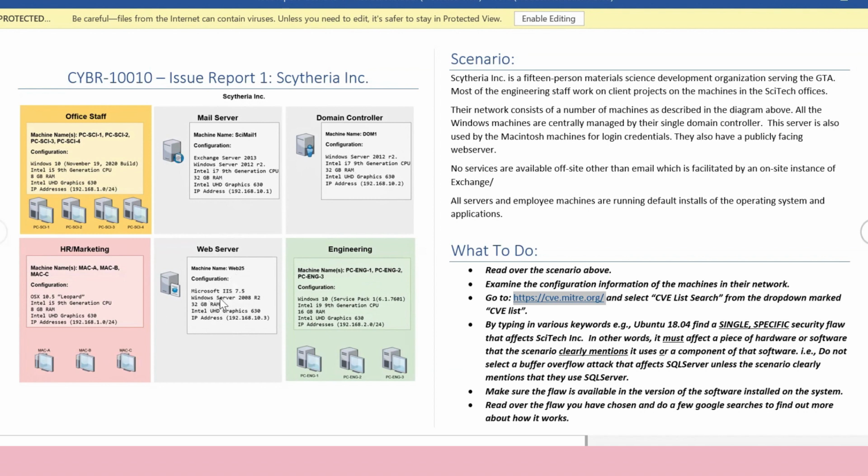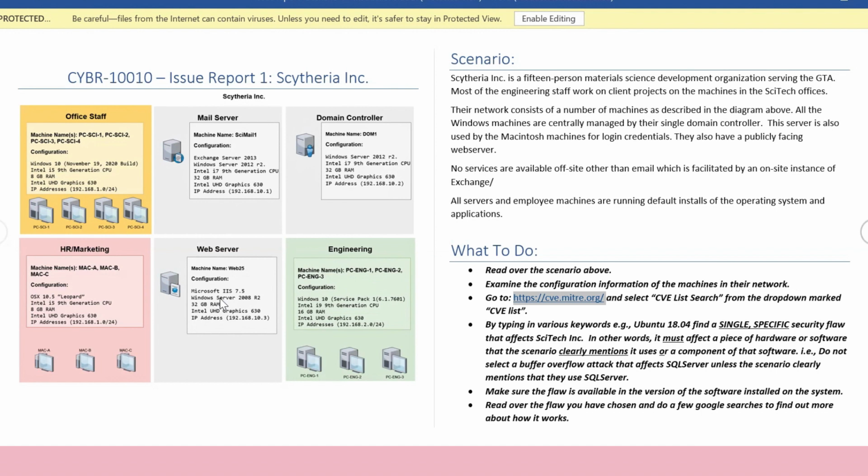So why did you choose the web server? Because from the scenario, I think the general controller handling the whole thing is the domain controller, which has more privileges, more resources.